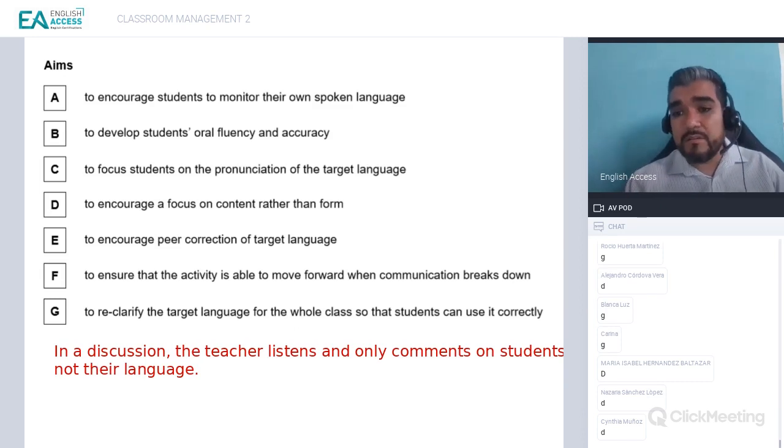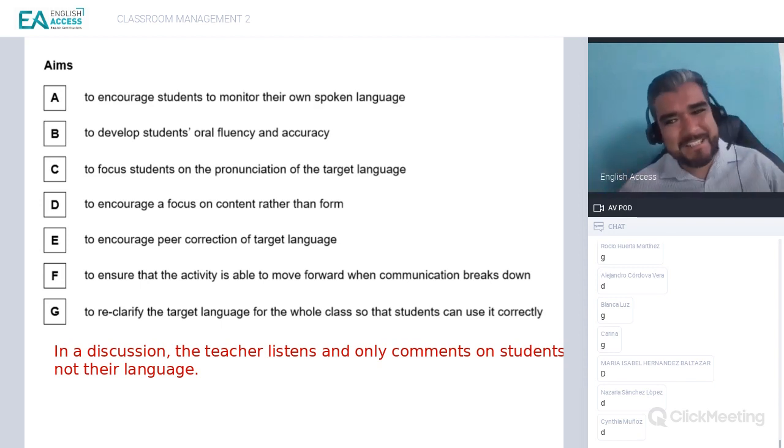In case one of you doesn't have the TKT, later you will be able to take it. Actually, this is from module 3. Now, in a discussion, the teacher listens and only comments on the students' ideas, not their language, only on the ideas, not on their language. They can be repeated, okay? This is something important. They can be repeated. It's general information.